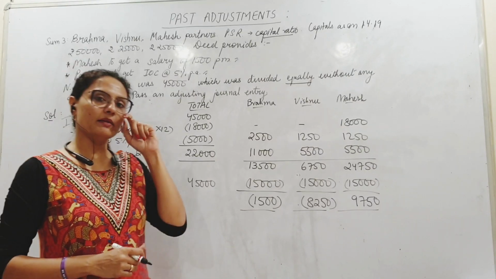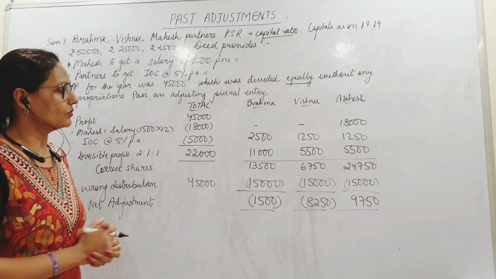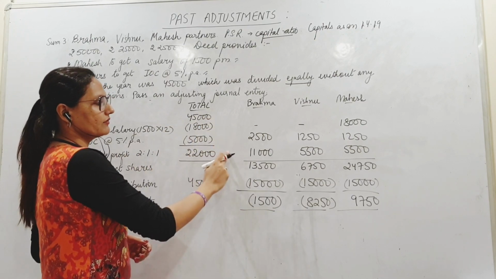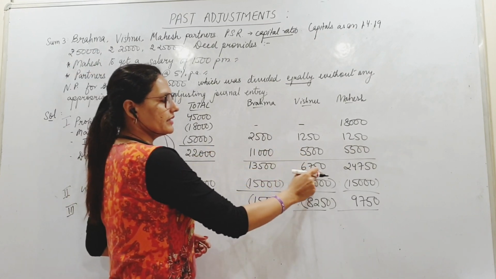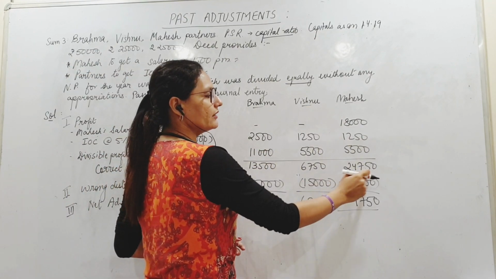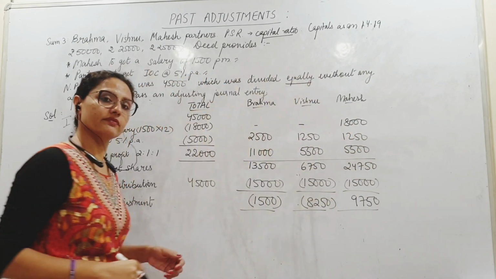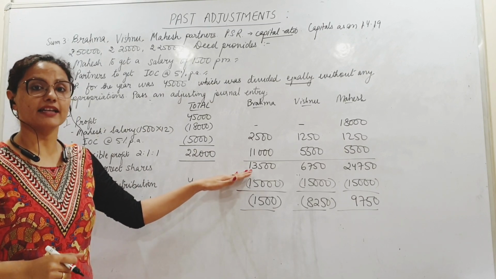Now what am I doing? I'm seeing that if we had distributed the 45,000 correctly, it would not have gone equally to the partners. It should have gone like this: 13,500 to Brahma, 6,750 to Vishnu, and 24,750 to Mahesh. This is the right distribution of profit, the correct one.